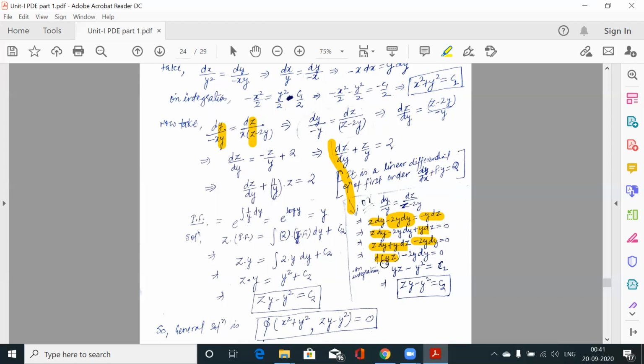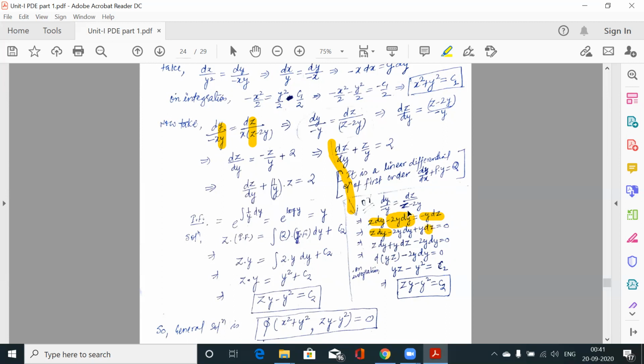This would be y into dz plus z into dy. So these two terms are not integrable separately, independently, these two terms are not directly integrable.